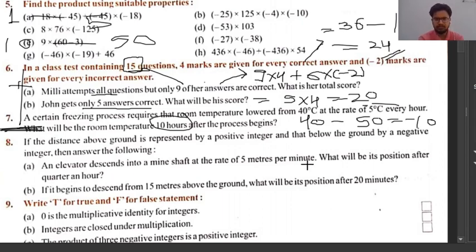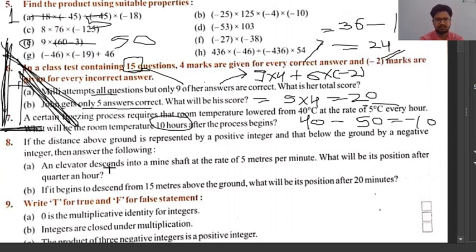You know that in 1 minute how much does it move? 5 meters. It is descending. Descending means from top to bottom. This is top, this is bottom. In this way, it is coming.